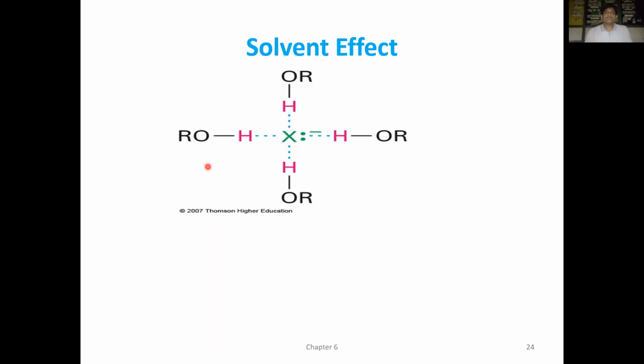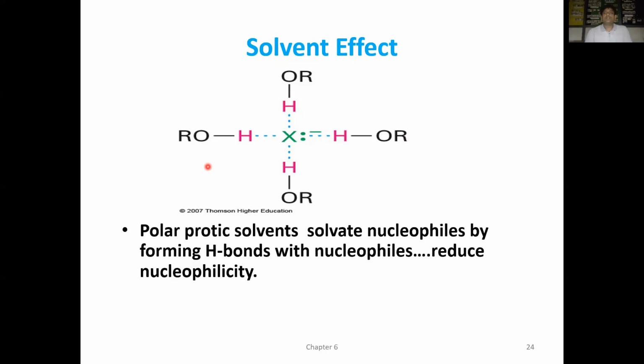What is the reason? Nucleophiles will not dissolve in non-polar solvents. So you have to take polar organic solvents. Again, polar solvents can be classified into polar protic solvents and polar aprotic solvents. In polar protic solvents, the hydrogen is directly attached to more electronegative elements such as fluorine, nitrogen, and oxygen.